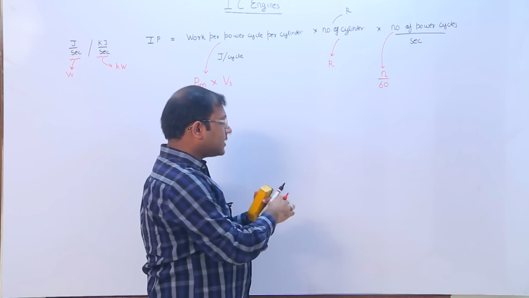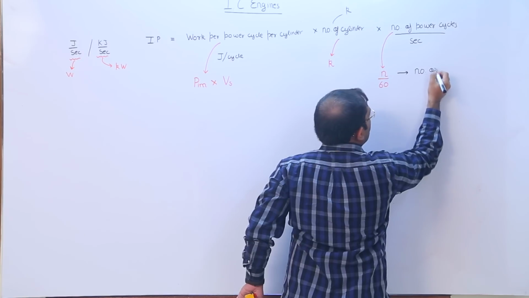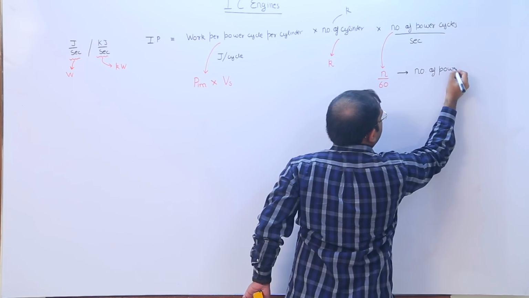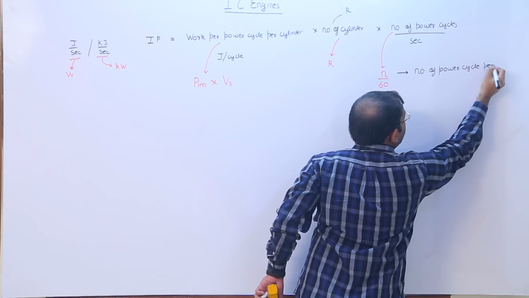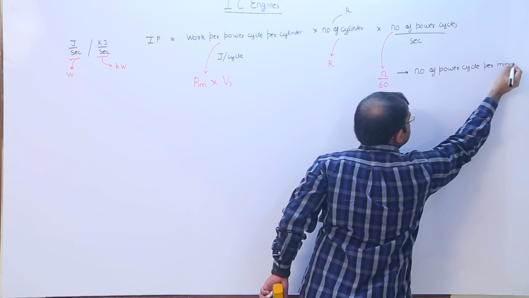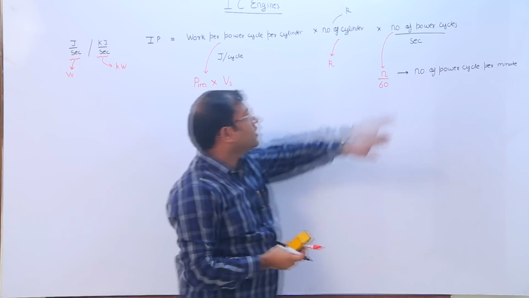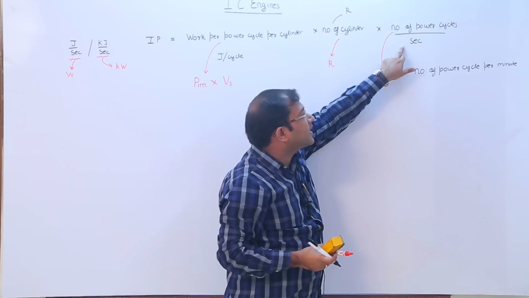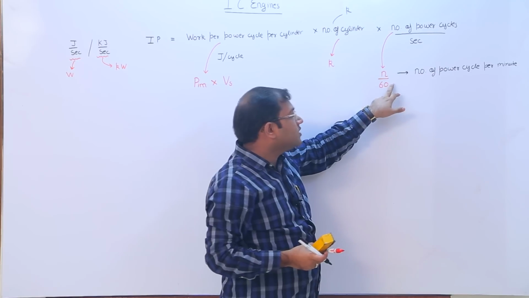Now what is N? N is nothing but number of power cycles per minute. But here what we require is number of power cycles per second. Is it okay? So we divide it with 60.